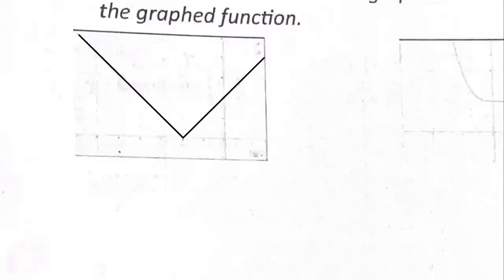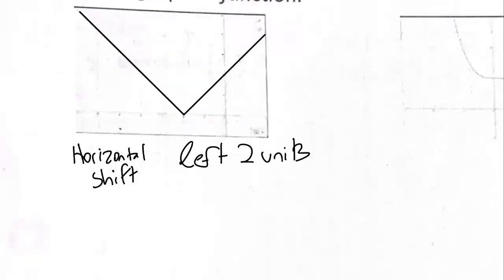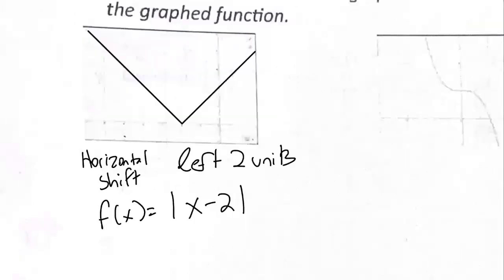For this one, it looks like it's going to go to the left 2 units, so it has a horizontal shift. If I would write a function for this, I would have something like f of x is equal to the absolute value of x minus 2 as an example.